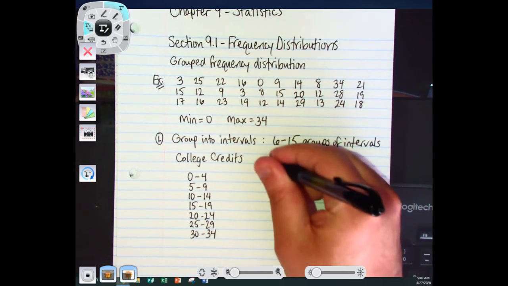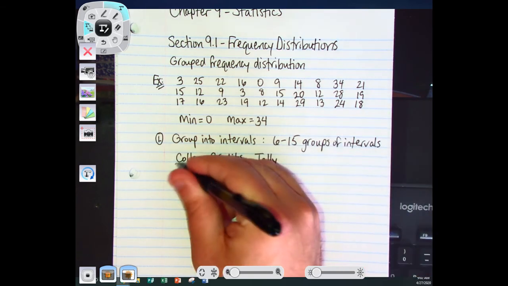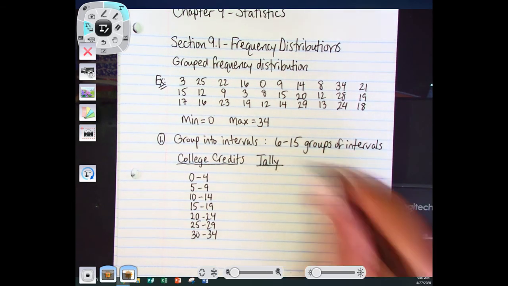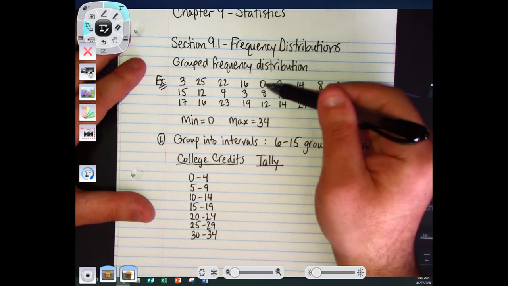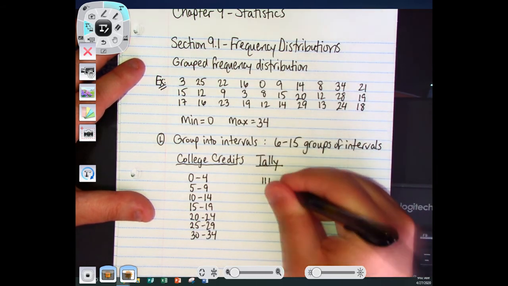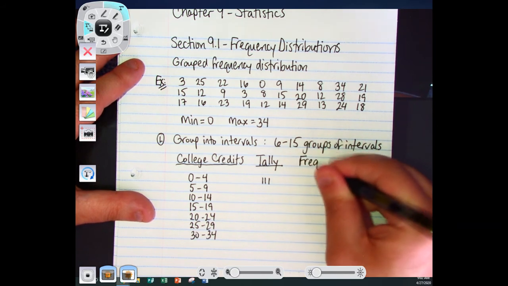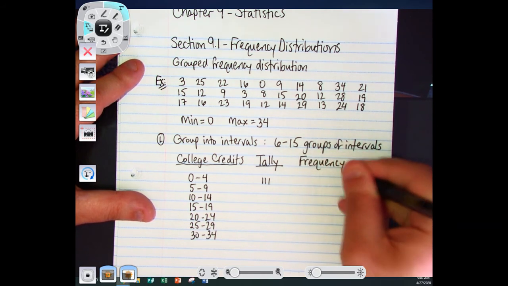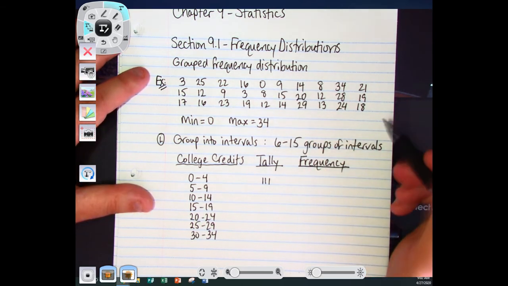Okay. So now, with that said, we can create a tally based on that information. If I go through and count all my 0 to 4s, we have 1, 2, 3. So my tally is 3. Depending on how you make the table, you may want to do your frequency in this step, or you may wait, do all your tallies first, then do your frequency.